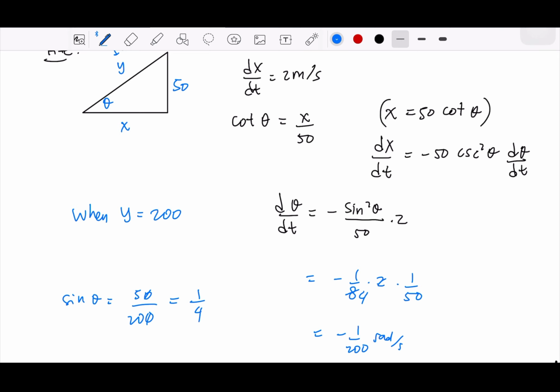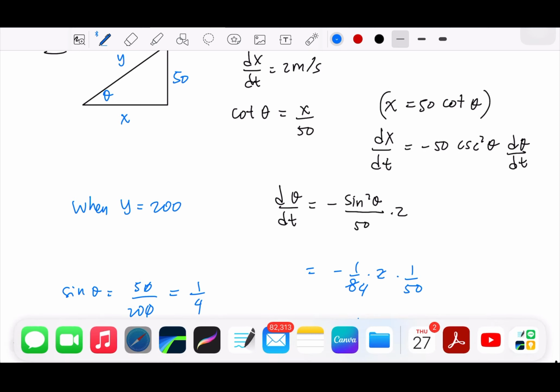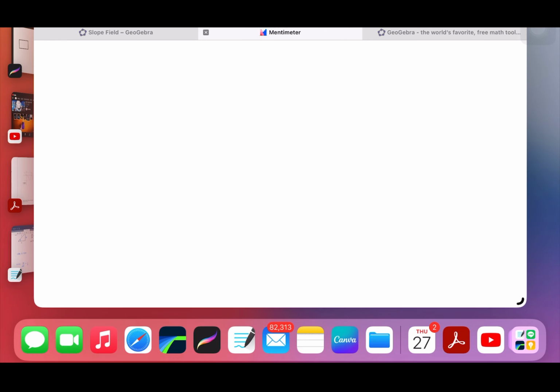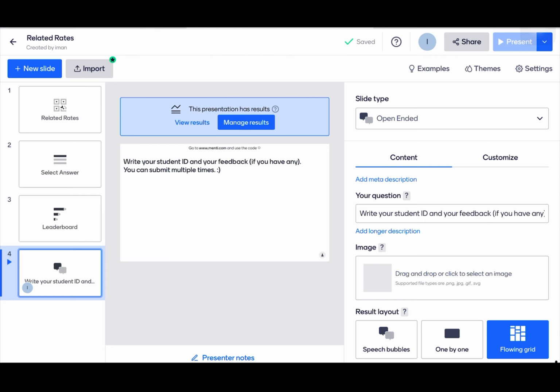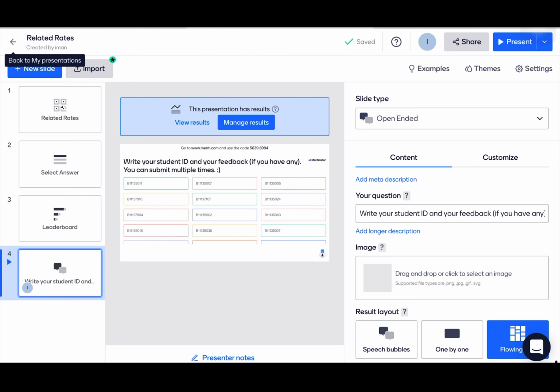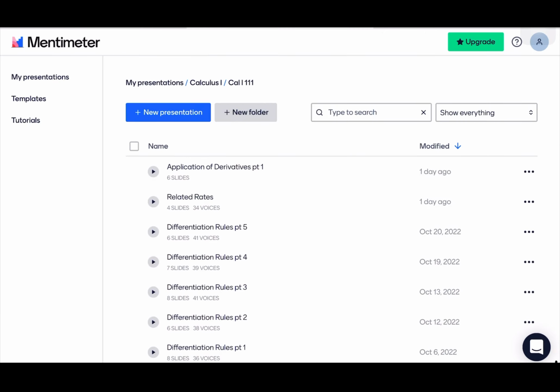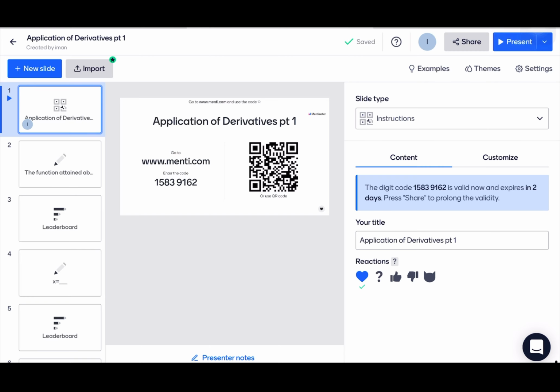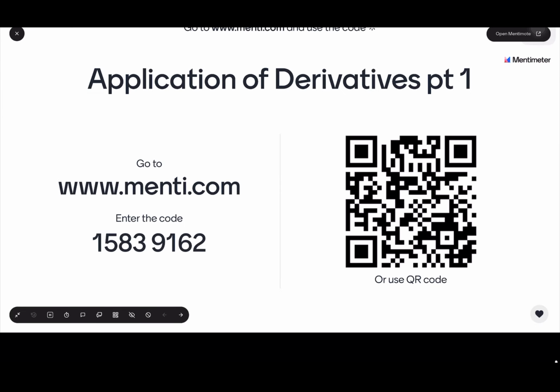Okay, now if there are no other questions, we are going to the feedback now. Hopefully I didn't make any typo or mistake. This is yesterday's, chapter 4, the application.